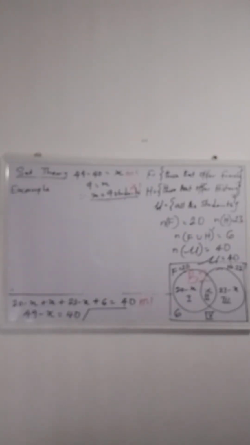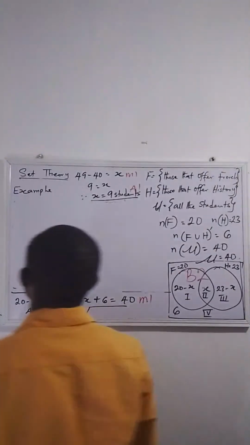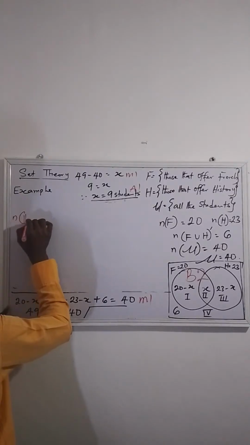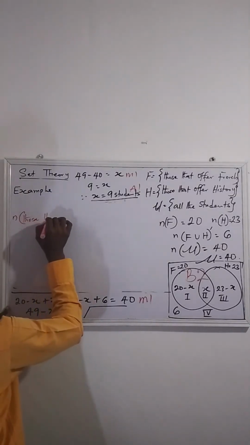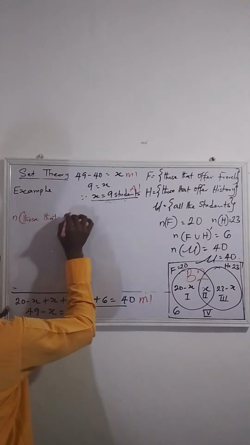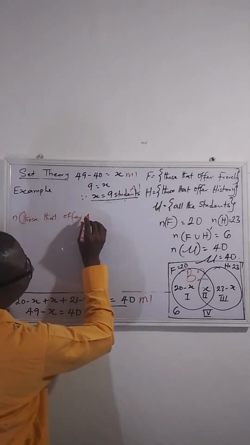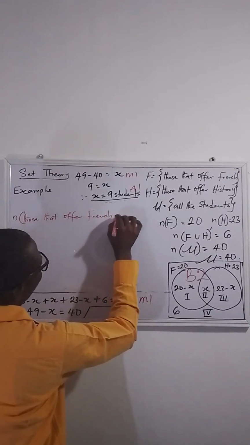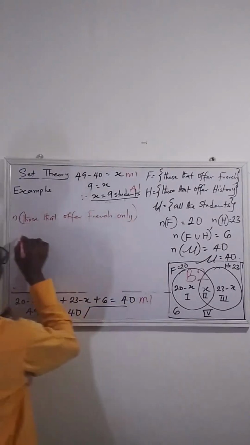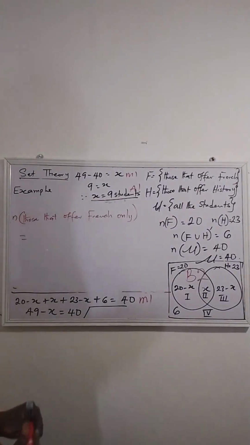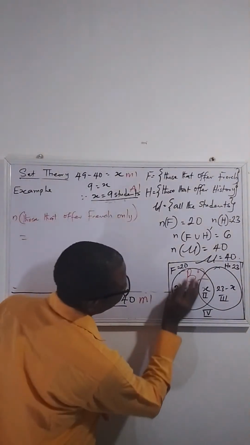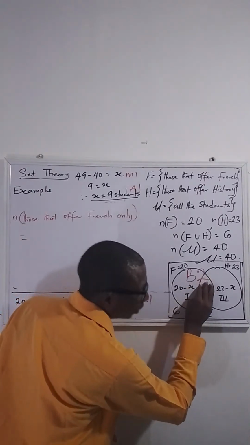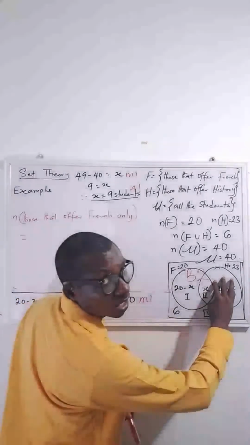Now let us look at it. Number of those that offer French only. Look at it. This is the region of French only. This is the region of French and history. This is the region of history only.